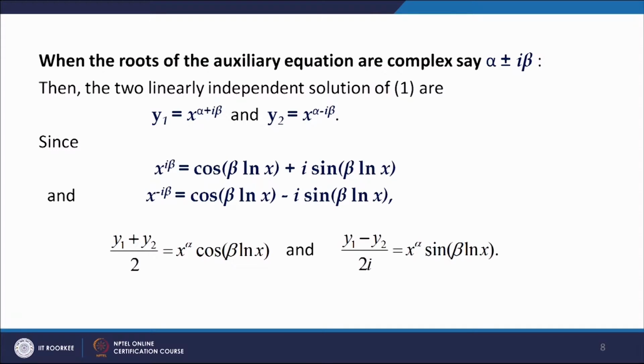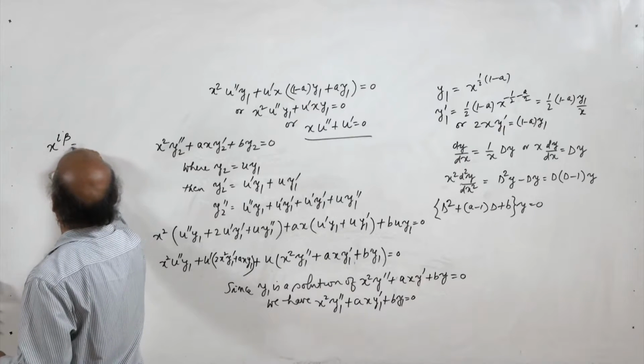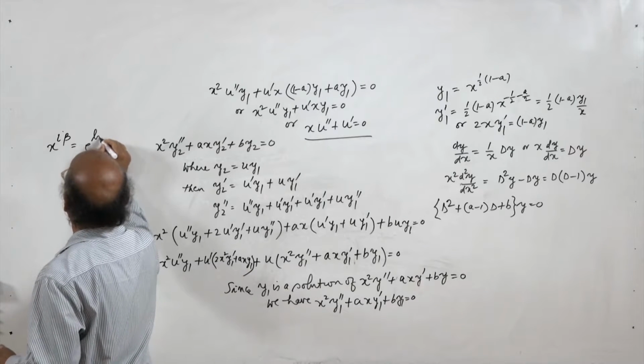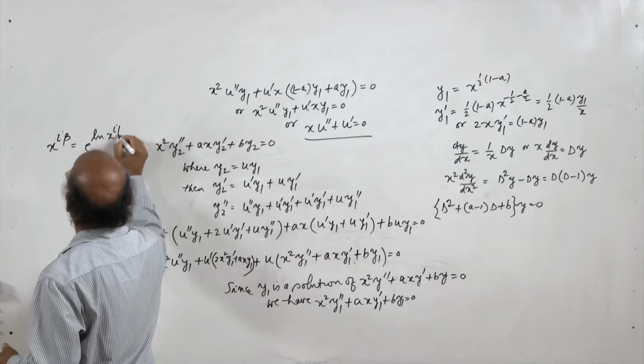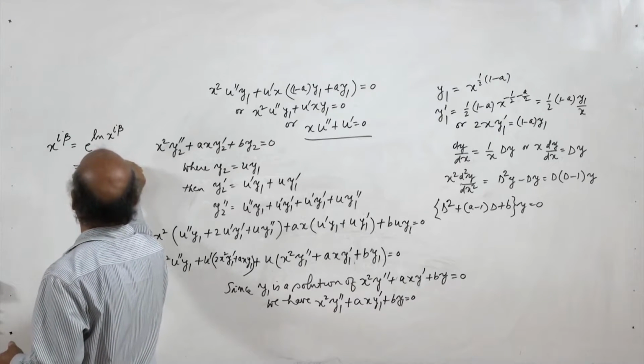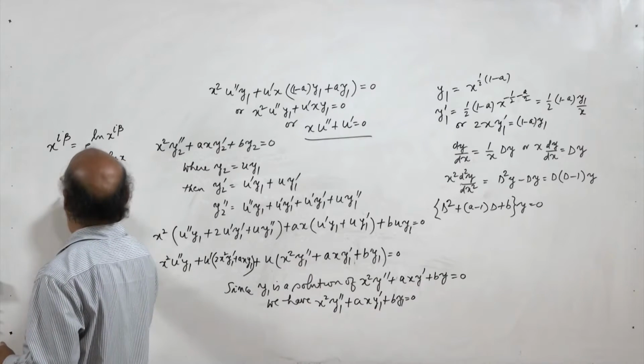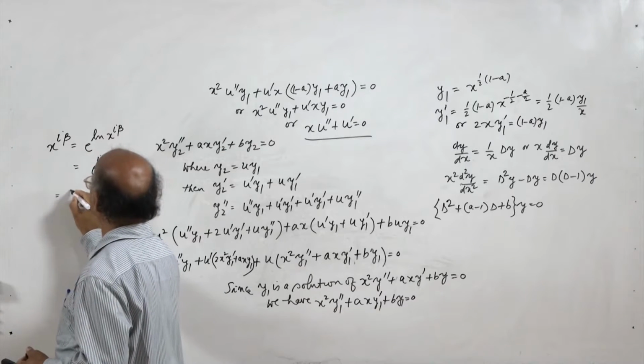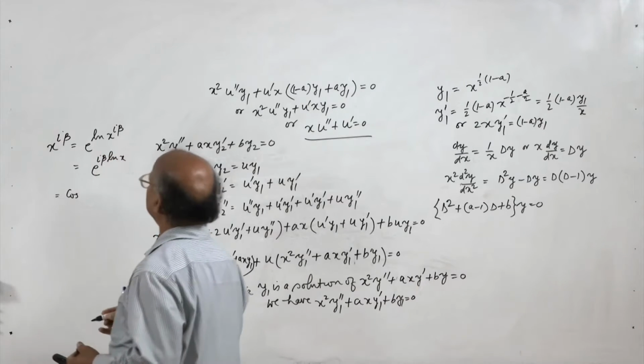So, let us note that we can write x to the power I beta as e to the power ln x to the power I beta, which is equal to e to the power I beta ln x. Now let us apply Euler's formula. So this is e to the power I theta is cos theta plus I sin theta.